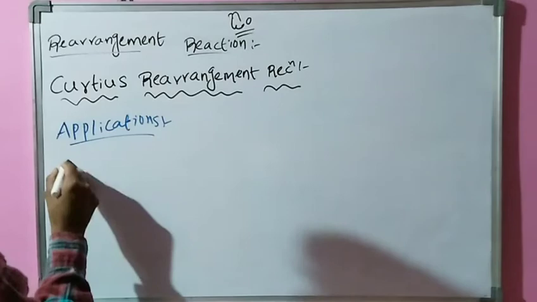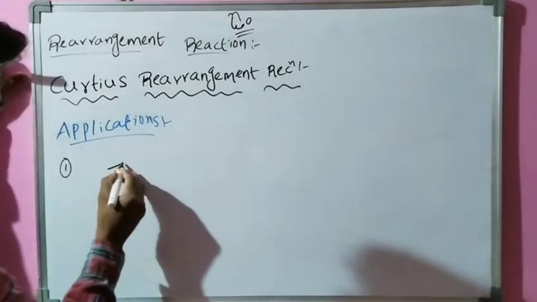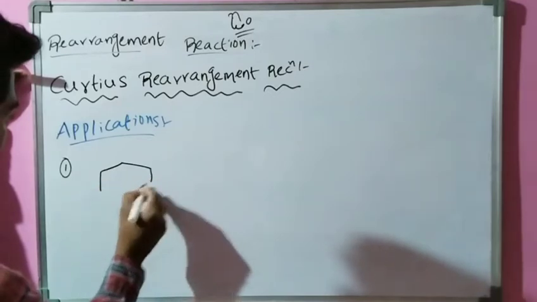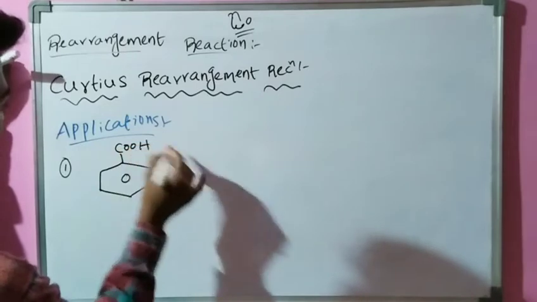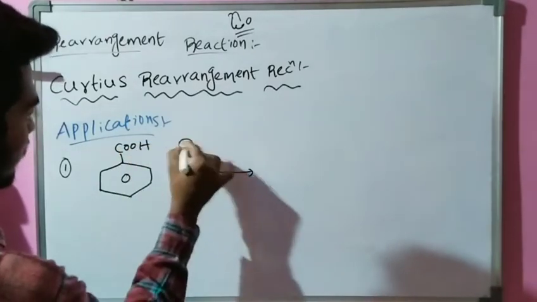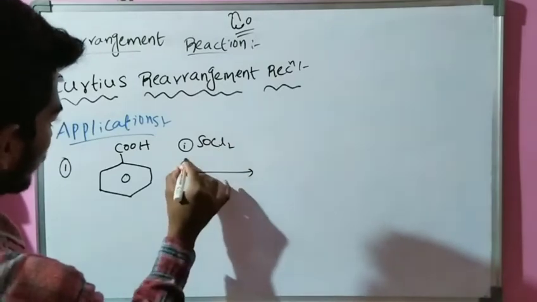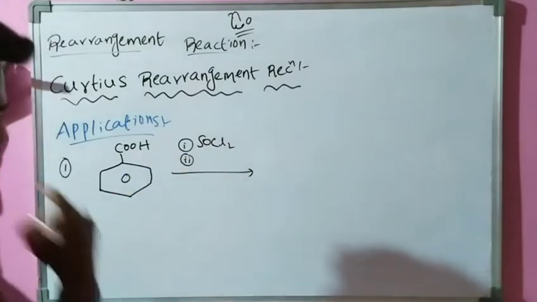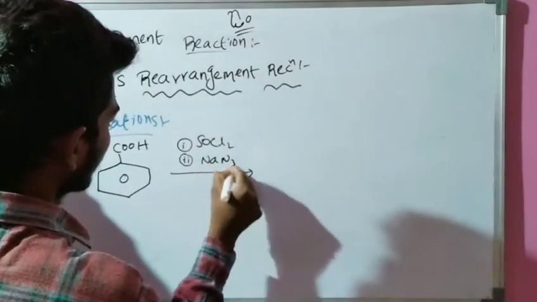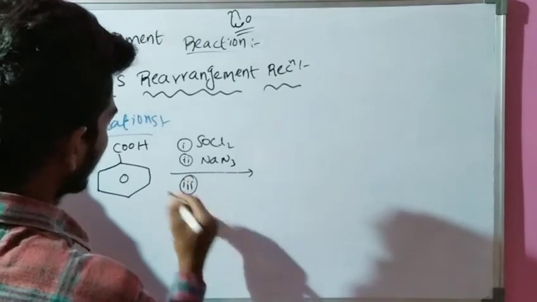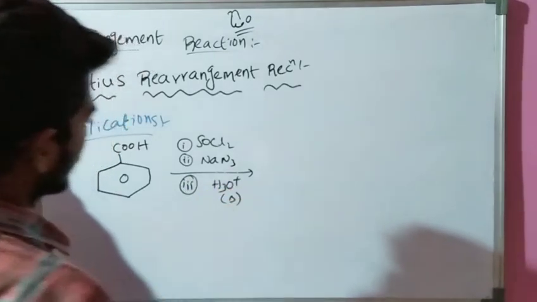The first application: we can take a carboxylic acid containing a group, that is benzoic acid, which is treated initially with thionyl chloride, SOCl2, the second reagent is sodium azide, and the third is H3O plus with heating.